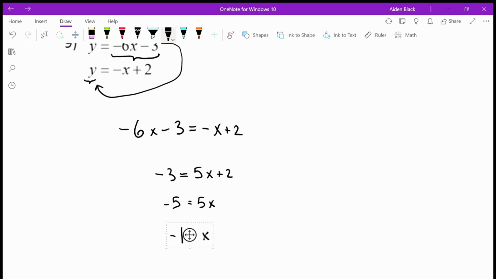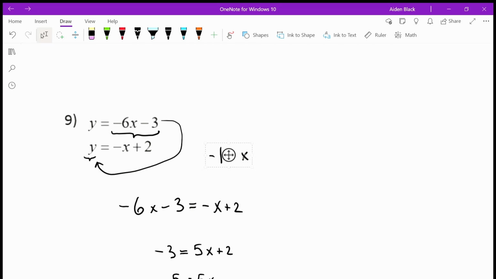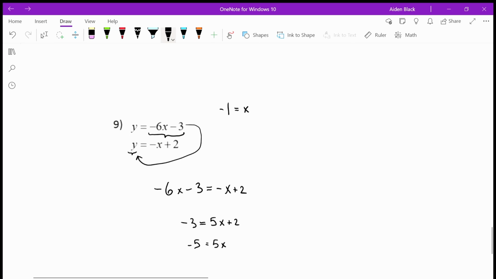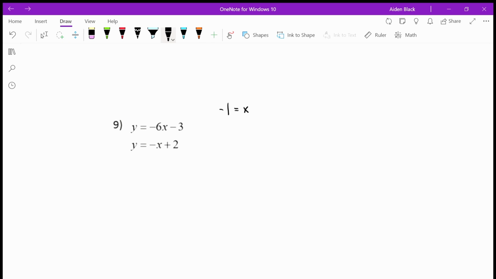So we'll use this for either of these. Looks like the bottom one will be easier to use, right? Right here, plug x in for this. So y is equal to -x plus 2. So understand, this negative is not a part of this negative.